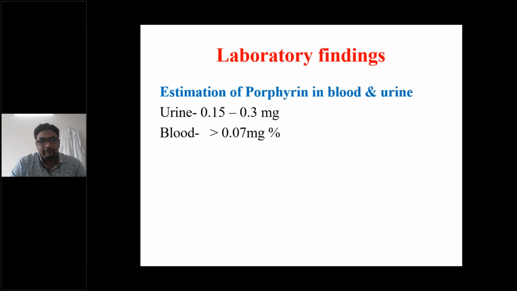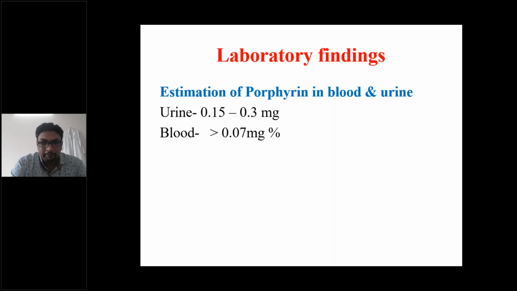What are the laboratory findings? Estimation of porphyrin in blood and urine is very, very important. In the synthesis of heme or hemoglobin, these porphyrins, like protoporphyrin, are formed before the hemoglobin is synthesized. Because lead poisoning occurs, it inhibits the enzyme used in the synthesis of heme.